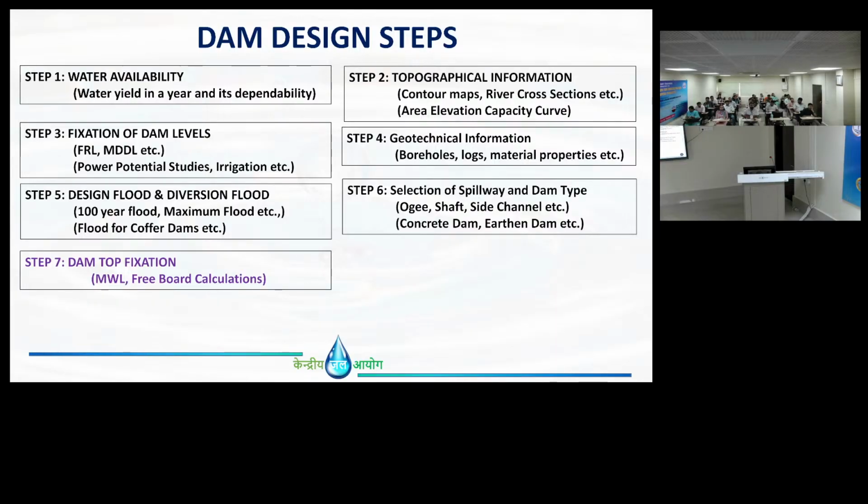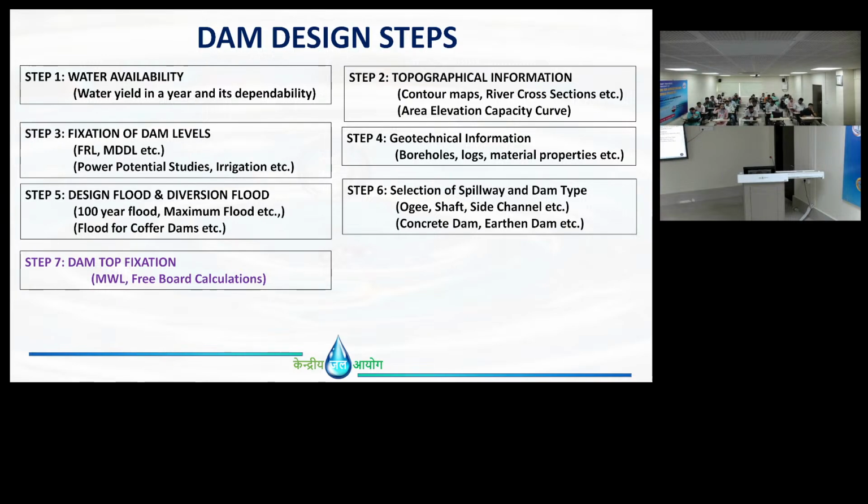The hydrograph. Based on this hydrograph, as it passes through this, what will be the maximum water level achieved? That is called MWL. This only happens when there is a difference between inflow flood and spillway capacity.